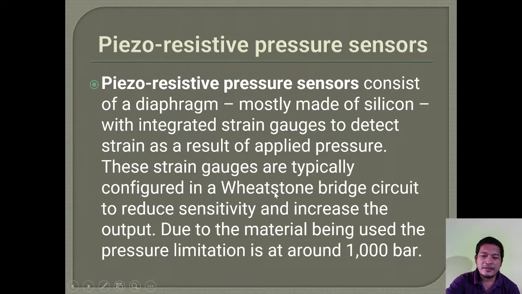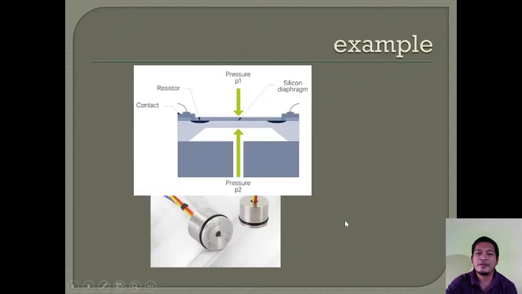In engineering, this will be discussed, the Wheatstone bridge, which is a type of circuit with a bridge type connection. Due to the material being used, the pressure limitation is at around 1,000 bar, so it can handle high pressure.